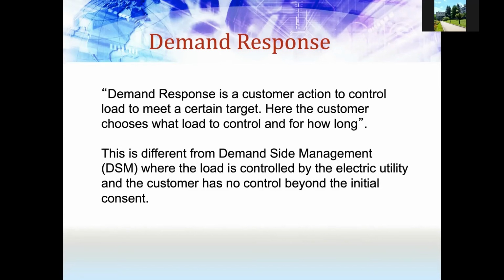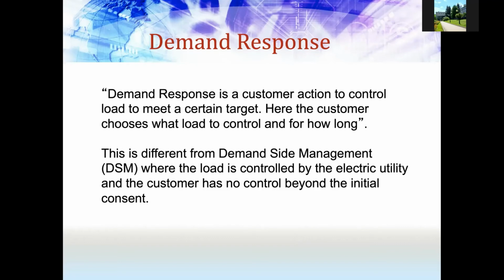That's demand response. The other thing, a much older solution, is called demand side management. In that case, the power company controls my load if I give them permission. So they will choose only my air conditioner, not my electric water heater, electric vehicle, or clothes dryer, only the air conditioner.